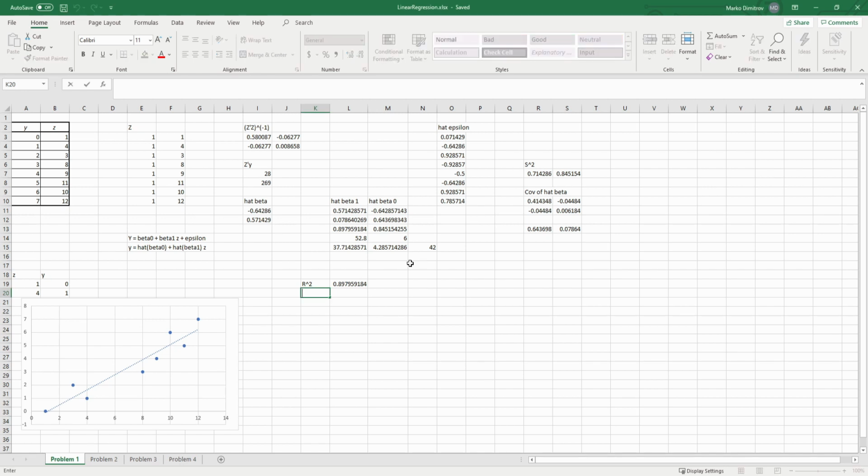As the coefficient of determination is close to 1, there might be a linear relationship between the z's and y's. However, we would like to test that as well, so we need other numbers. We need the value of the Fisher test statistic and the degrees of freedom.